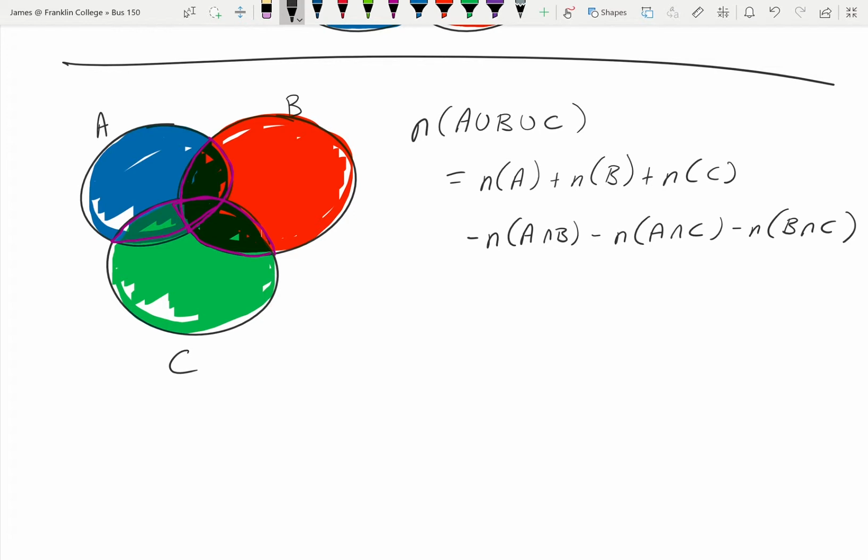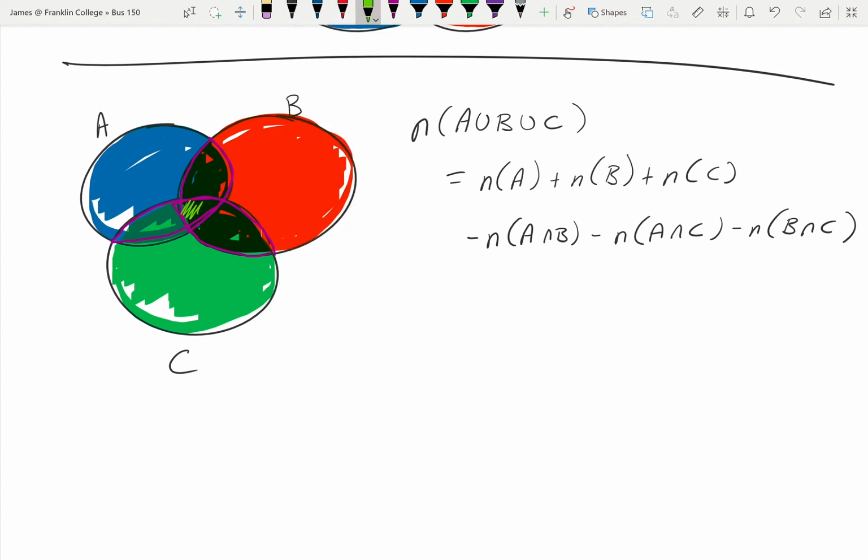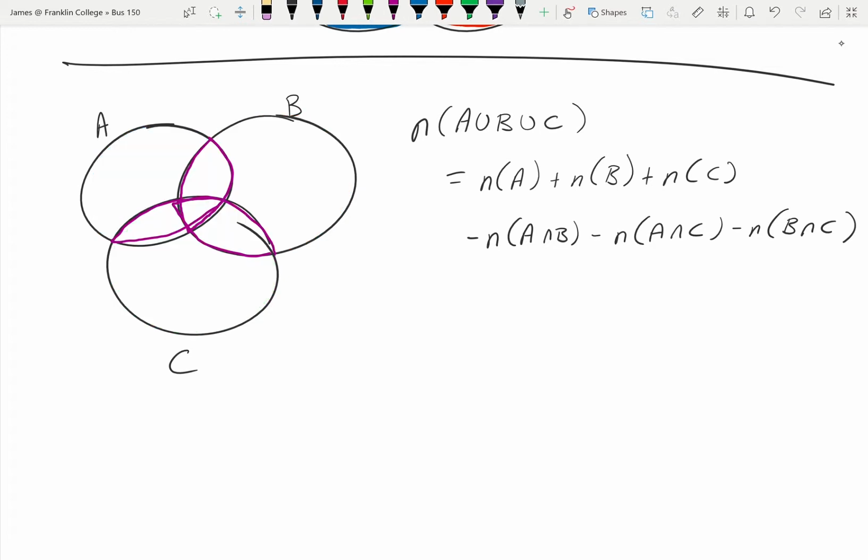But if you noticed, we counted this region 3 times and then we subtracted it 3 times, so we've got to make sure that we add it back in.